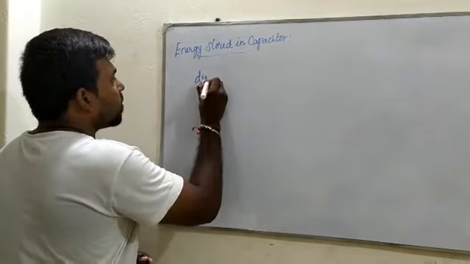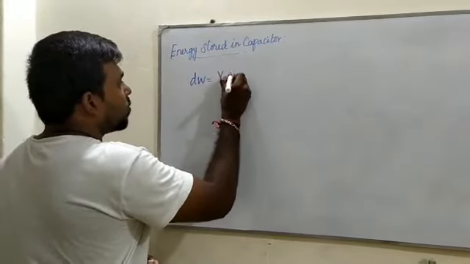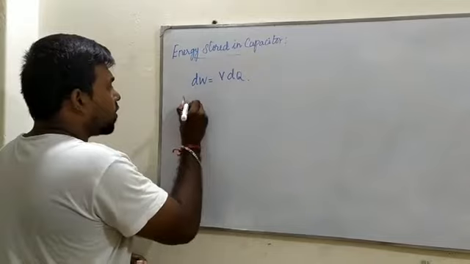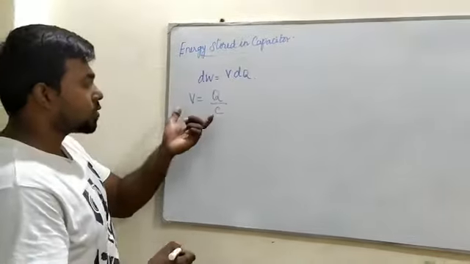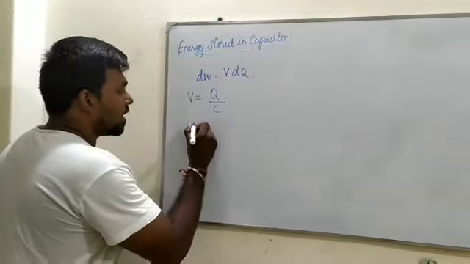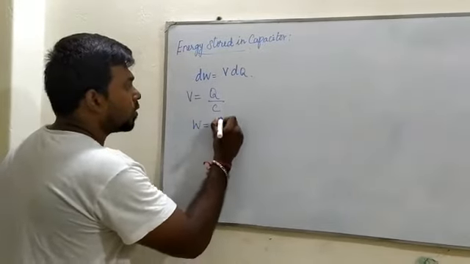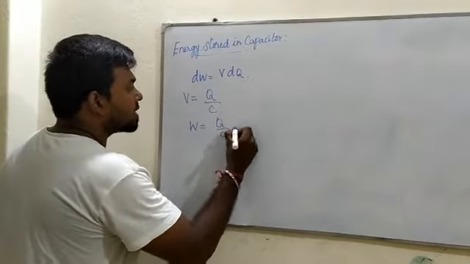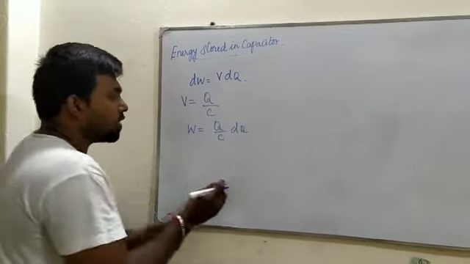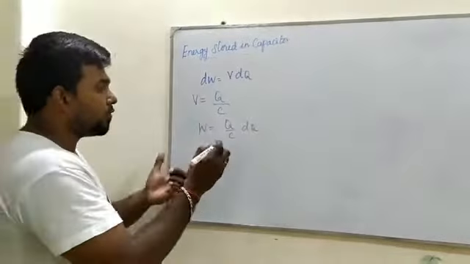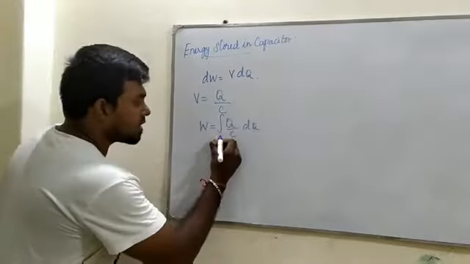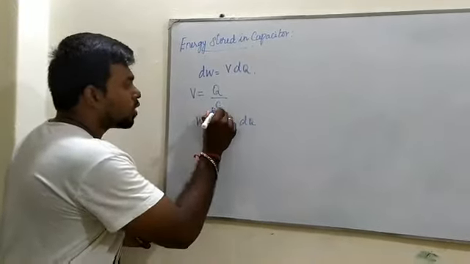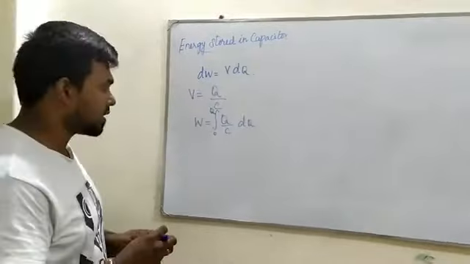So we can say that dW is equal to V dq, and we know V is equal to Q by C. Substituting V in this equation, we get dW is equal to Q by C dq. As we take this for infinitesimal charges, we integrate from zero charge to the total charge in the capacitor.